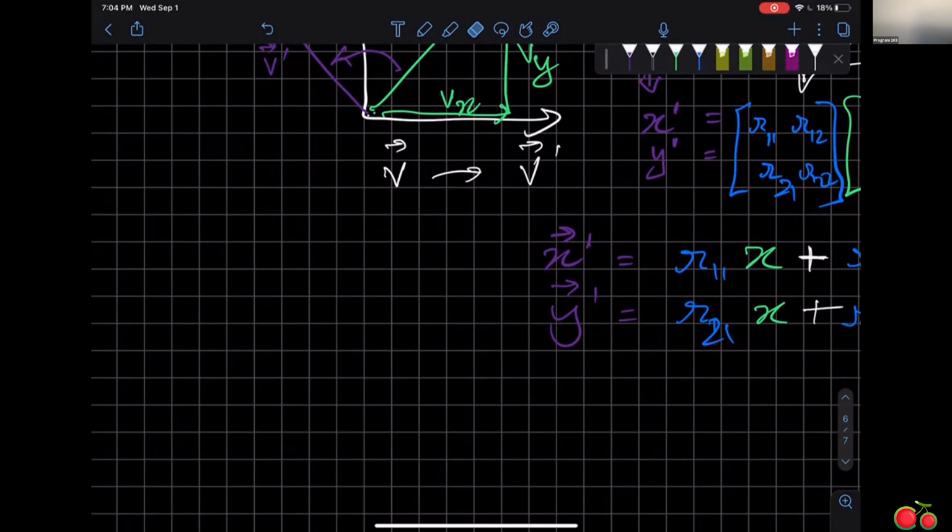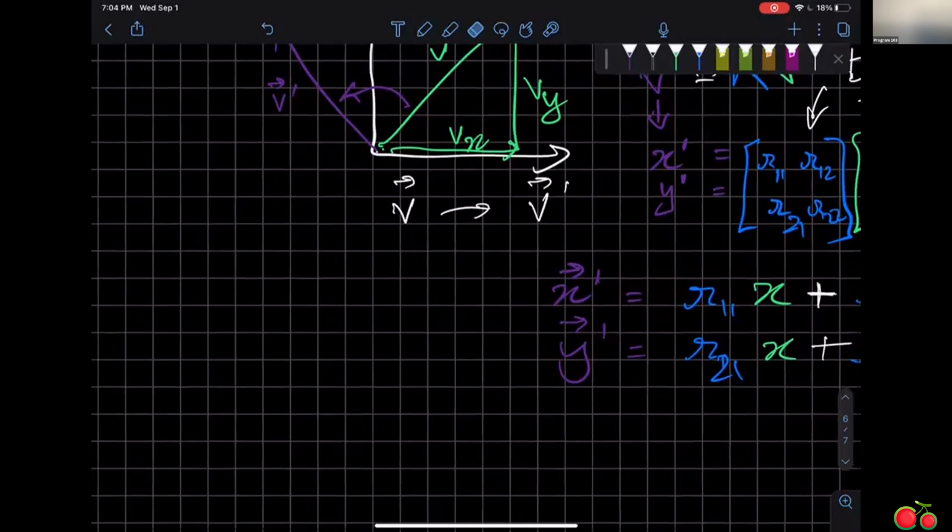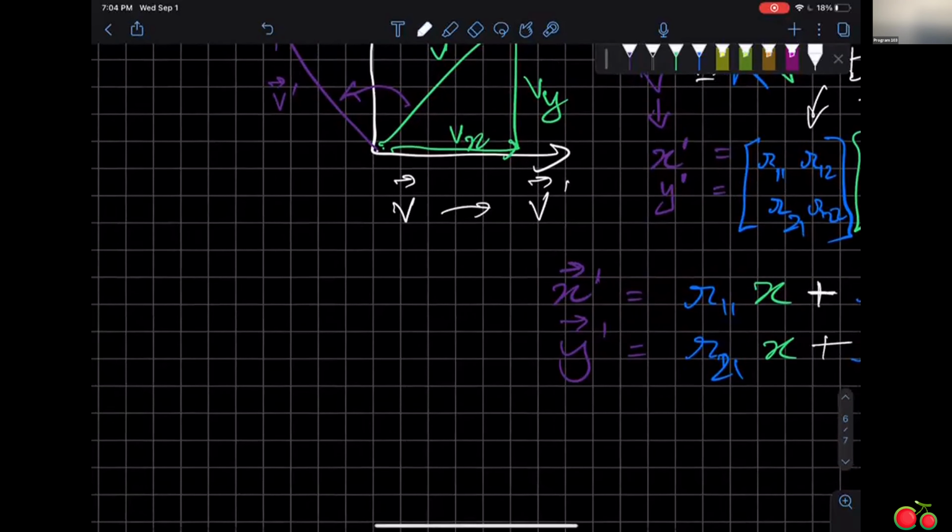So how do we think about a matrix, right? Each row of the matrix can be considered a vector. Each column can be considered a vector, right? Typically when you write the elements of a matrix, you write them with a subscript.